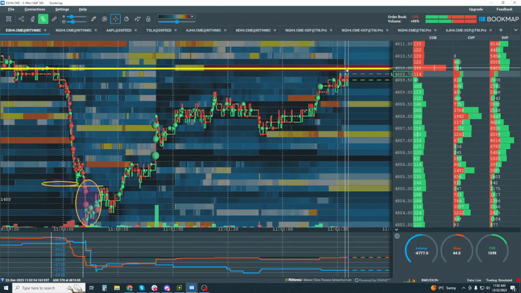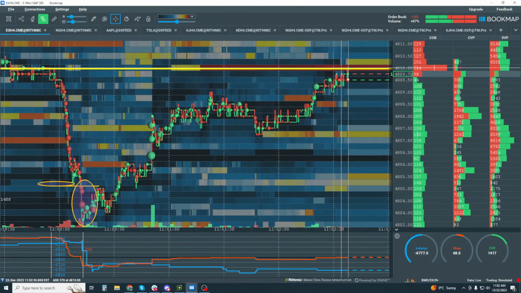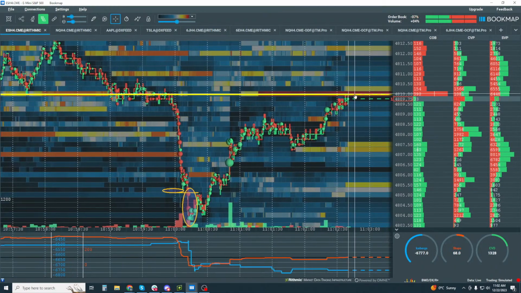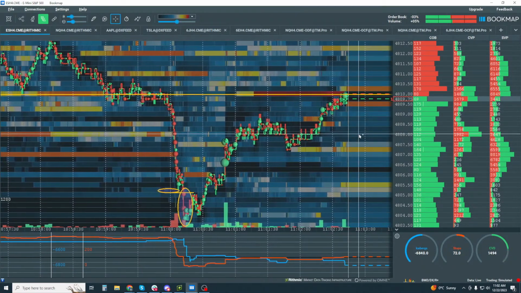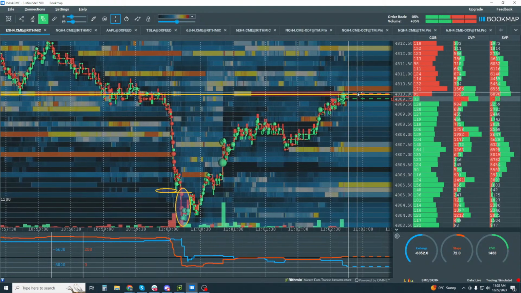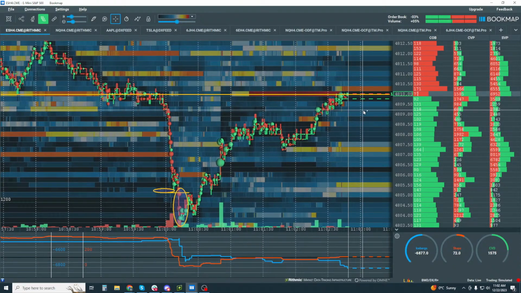I'm looking for the sellers to reload. Now, here's the retest back to it. And we'll see, the buyers are taking them on. So I'm doing nothing until I see sellers come back in.